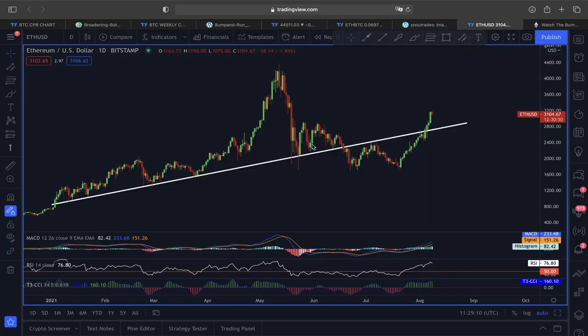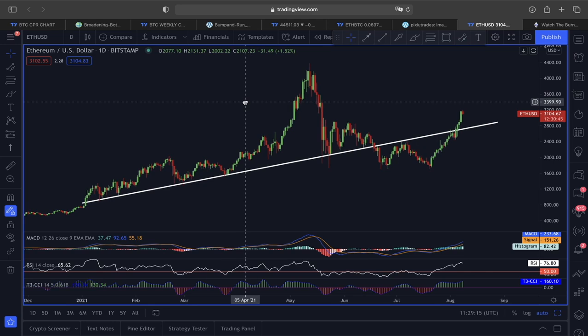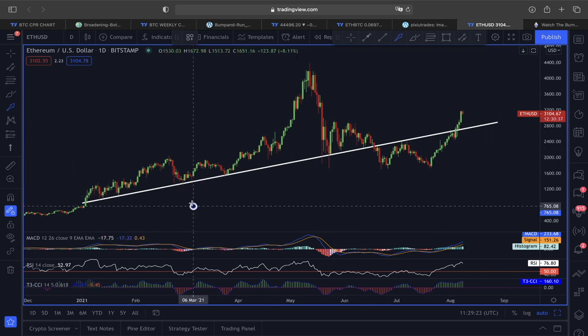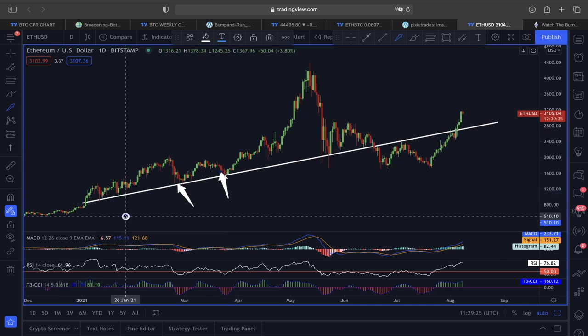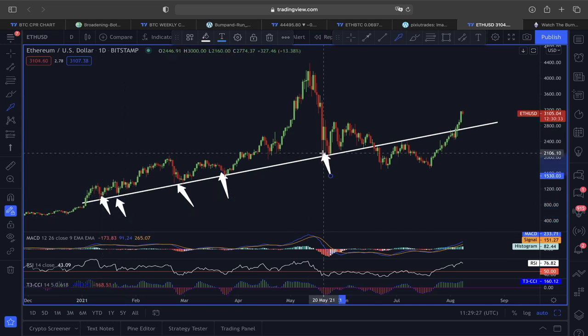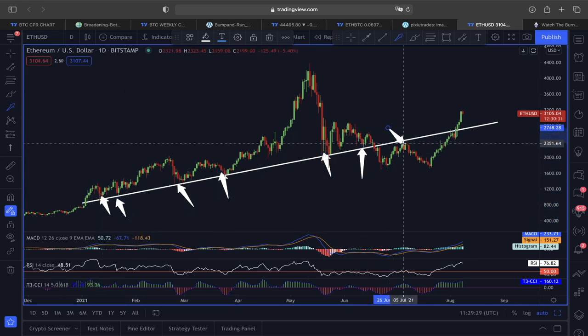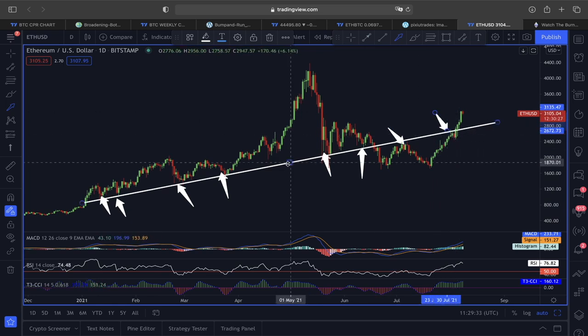So now if we look at this Ethereum chart starting in a daily time frame, for us the most important thing was to break out of this rising trend line, because this rising trend line was not only acting as a strong line of support, but it was also acting as a strong line of resistance when the price of Ethereum approached the resistance area.